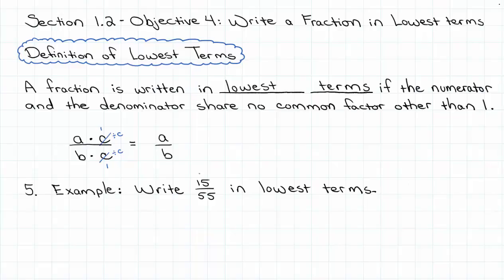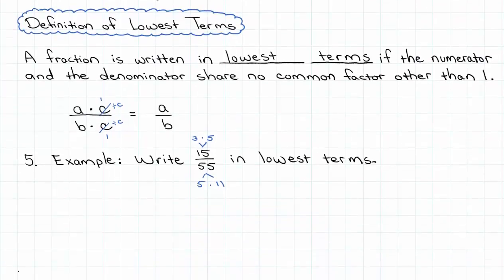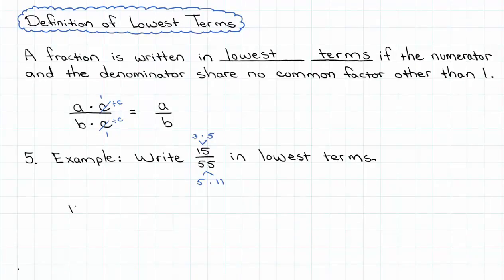I can already tell here that 15 is the same thing as 3 times 5, and 55 is the same thing as 5 times 11. So I can rewrite this fraction: 15 over 55 is equal to 3 times 5 over 5 times 11.